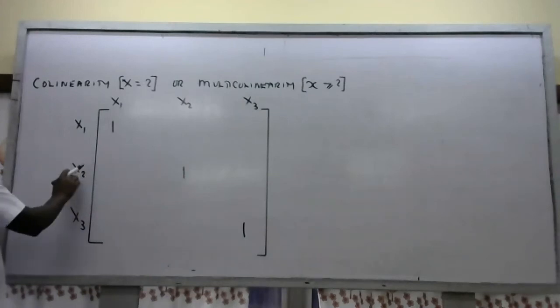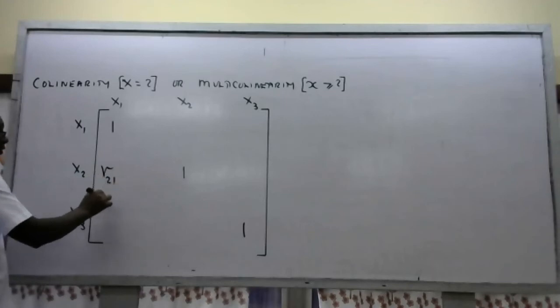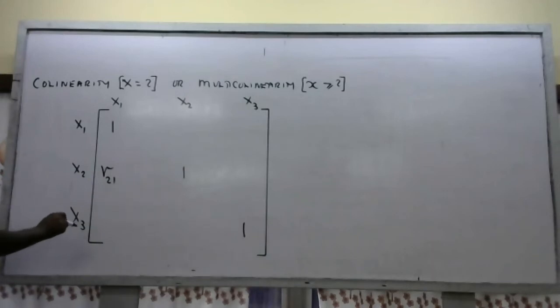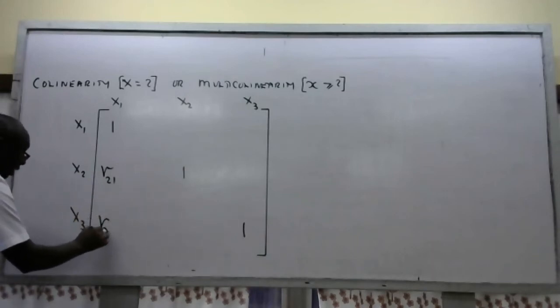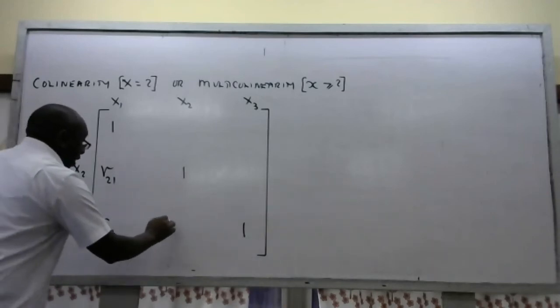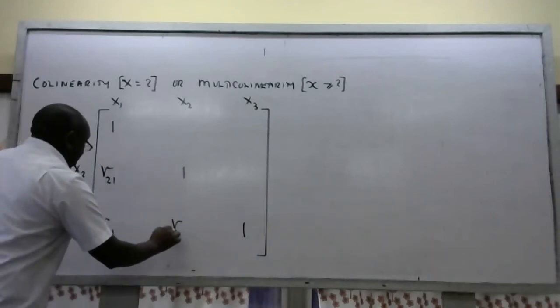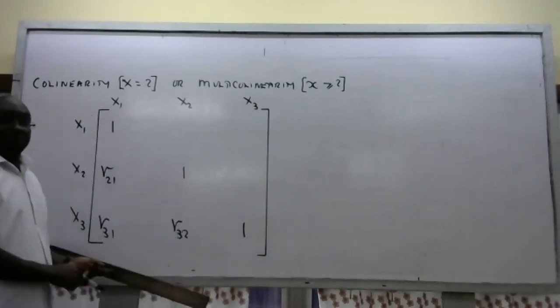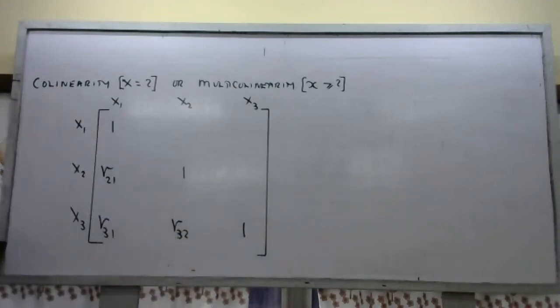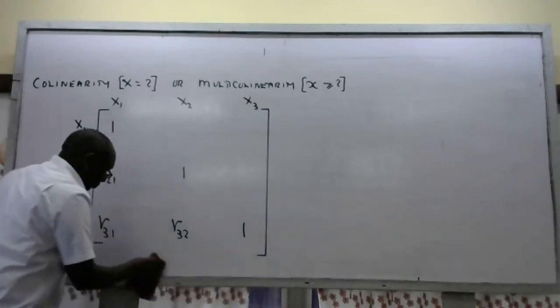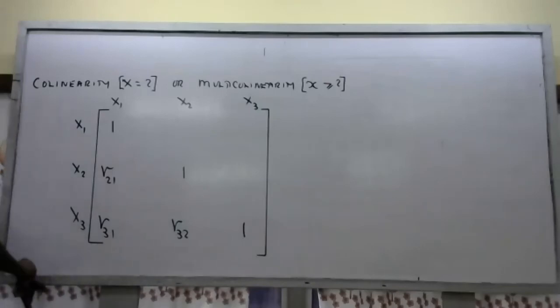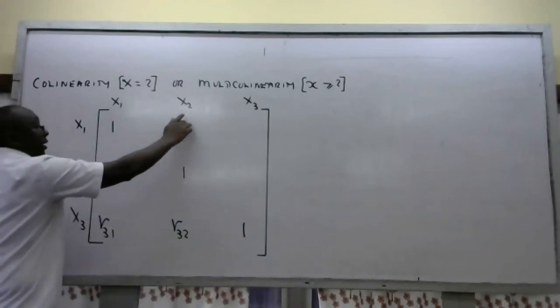Then now here between x2 and x1, it is R21. Then the next one is R31. And this one is R32. It is usually written on just one side, but even if you want to write here it is still okay.